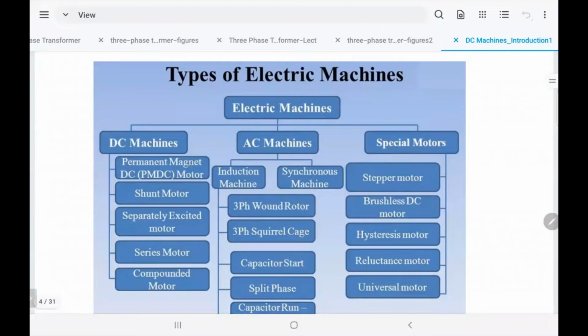But we're going to focus in this class on the DC machine, induction machine, and synchronous machine. And if there's extra time, we can take another special motor. But I prefer to add the linear synchronous motor, because it's very important, used in the high-speed trains in Japan and Germany.